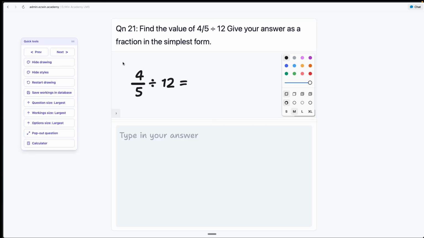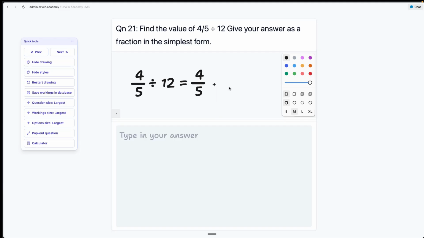For the left side, you don't really need to change, you just make sure that it is a fraction. Second thing is that you need to change the divide to multiply. And then lastly, you have 12, you need to flip it, right?